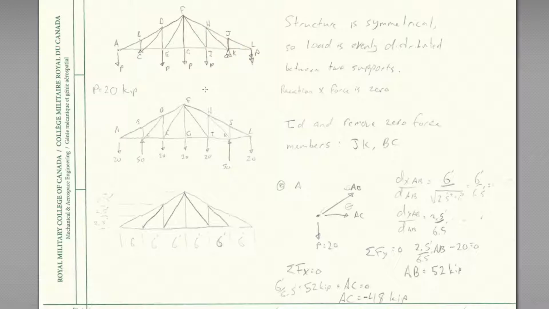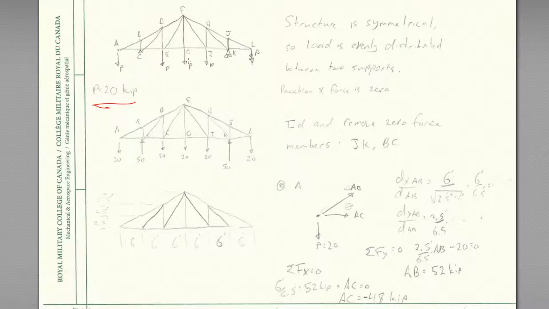So first things first, take advantage of a few facts. We do know that the structure is symmetrical. The load vertically is going to be evenly distributed between the two supports. Each of the P's here is 20 kip, so the total is 100 kip.